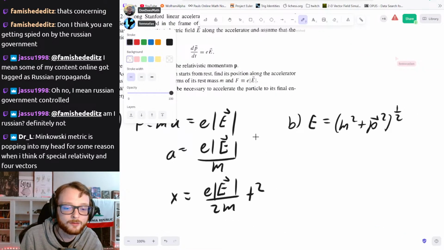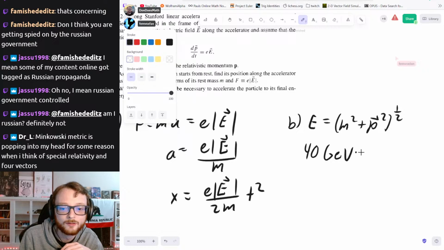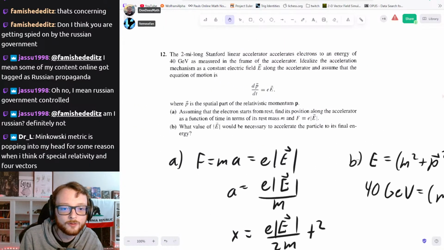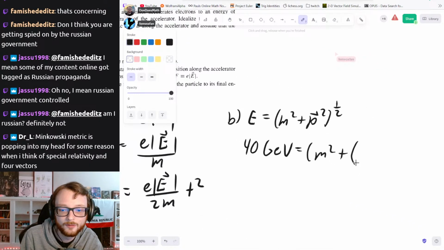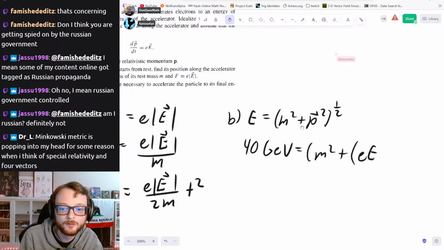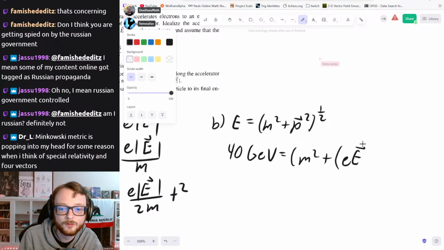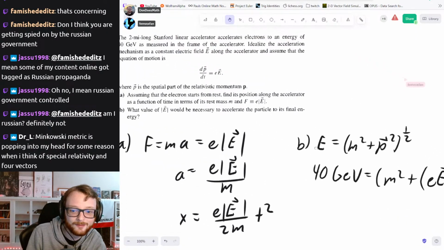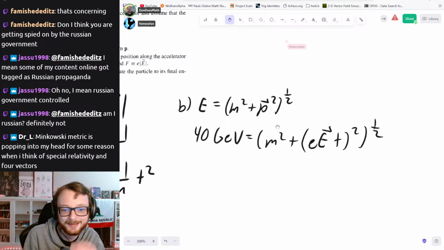We want 40 GeV to be equal to... nope. I think like that.